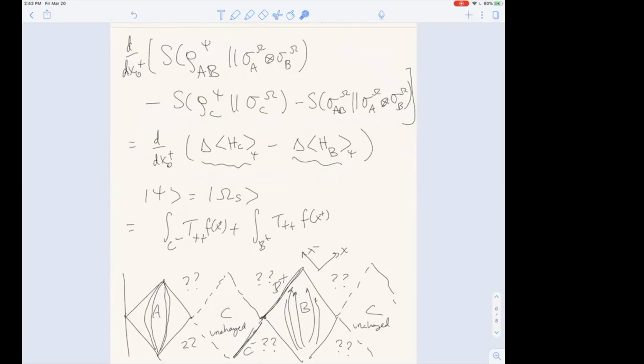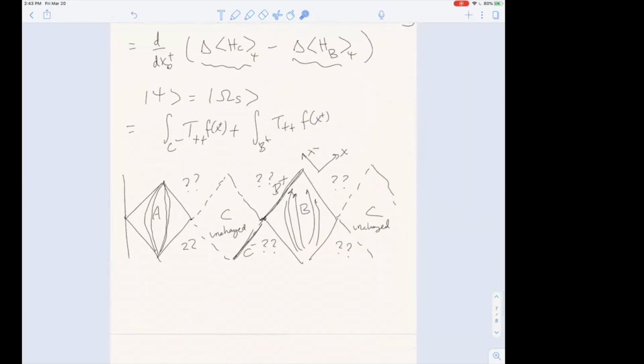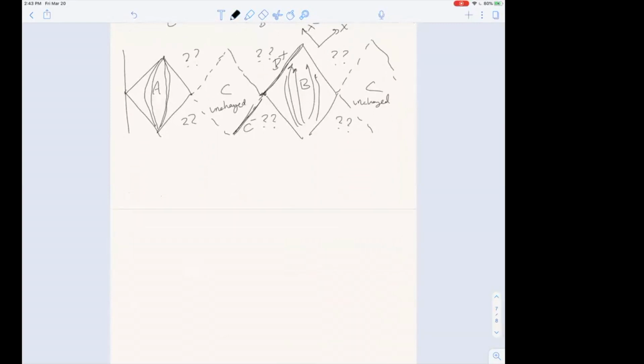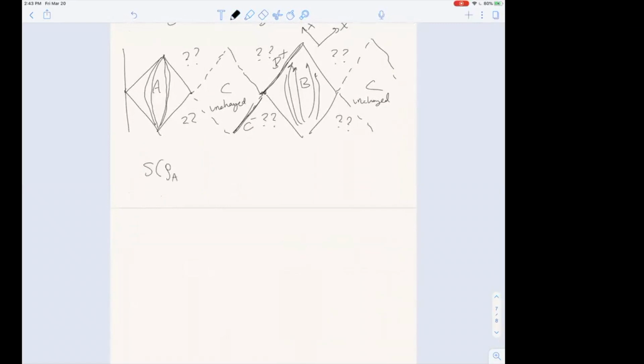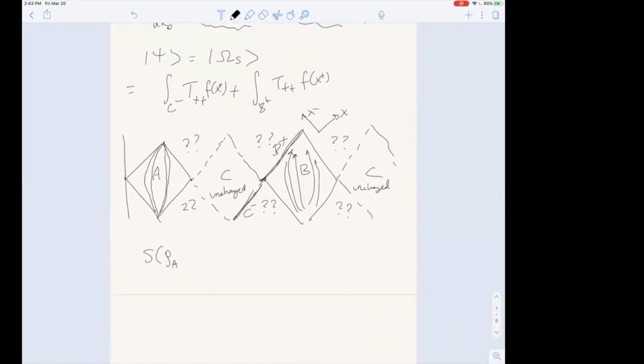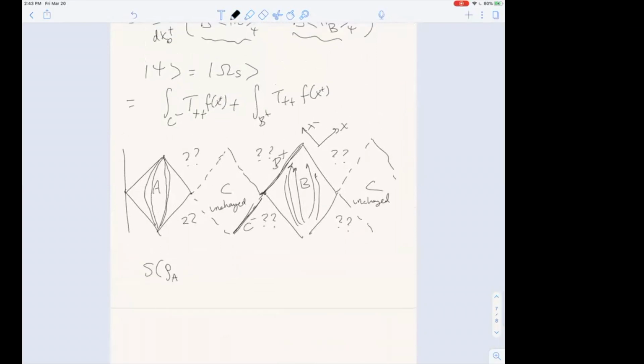Okay, and now what I'm going to do is, again, consider S of rho A. So what I want to do is understand derivatives of the relative entropy in this omega S state. So I'm going to consider something like this, right?